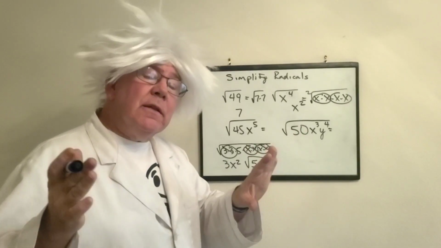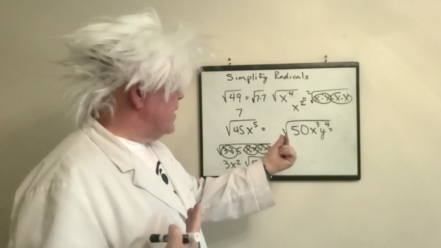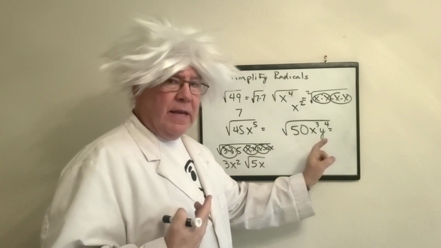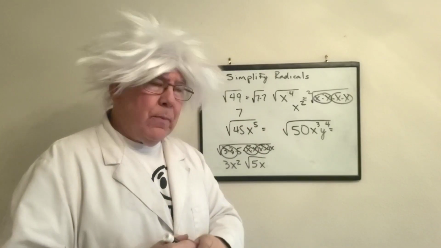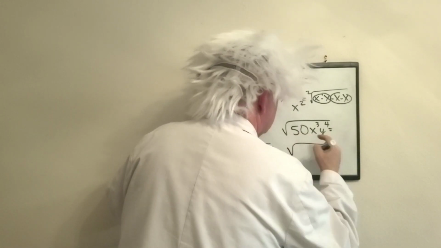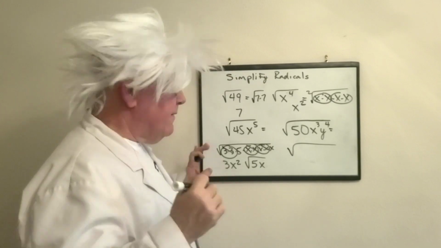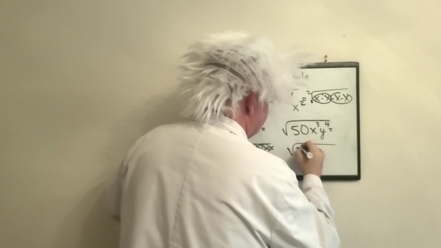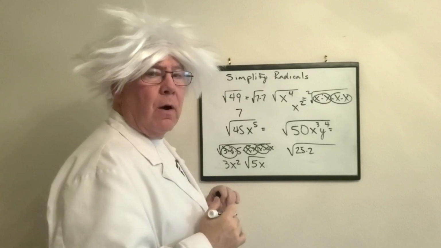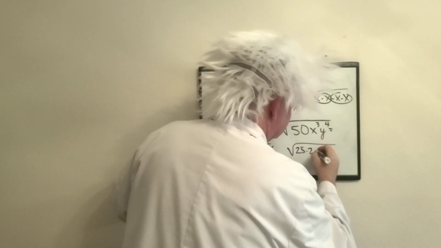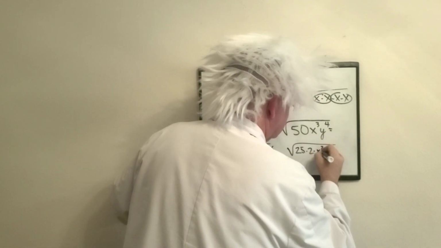Now, I'm going to do something a little differently this time. I'm actually going to find the perfect square root of each one of these. It's another way we can do it. So, here we go. 50. The largest perfect square inside 50 is 25. So I have the square root of 25 times 2. Now, this is x squared times x.